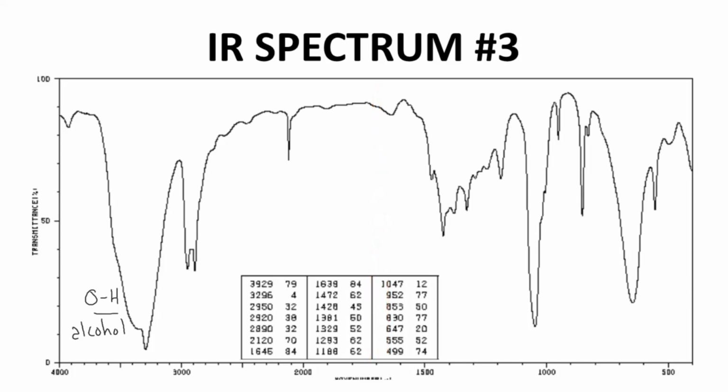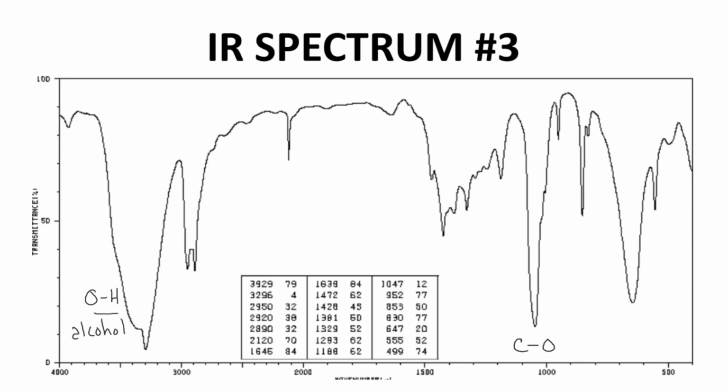We do not have that peak, so the molecule can't be an acid. It is an alcohol. Note that we also see a strong absorbance at 1047. That strong signal is likely the alcohol's CO stretch.